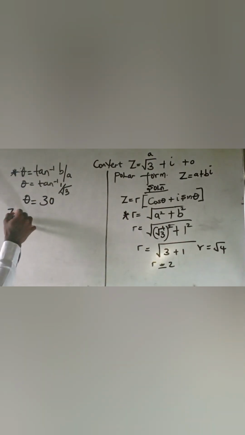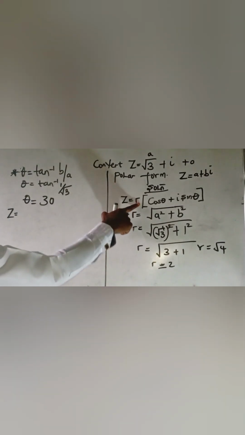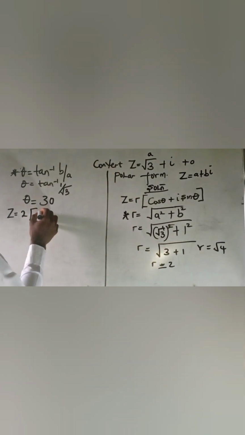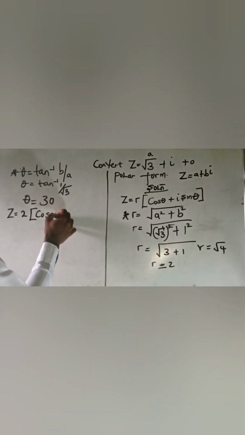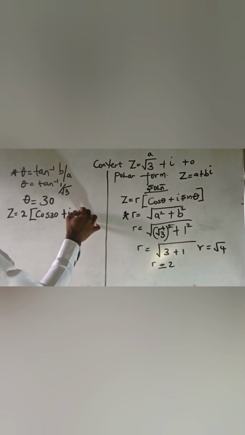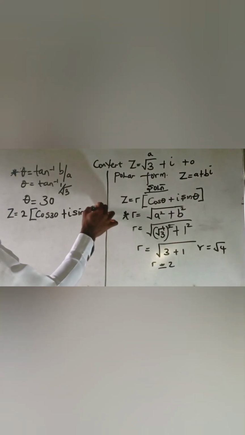So substitute this into the formula. Z is equal to r. My r gives us 2 times cos 30, because my theta is 30, plus i sin 30.